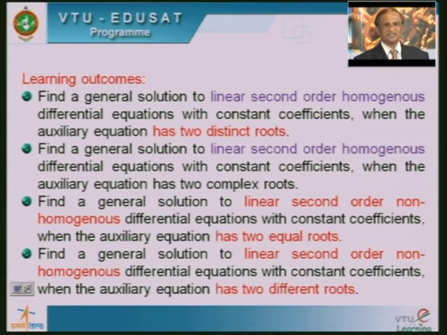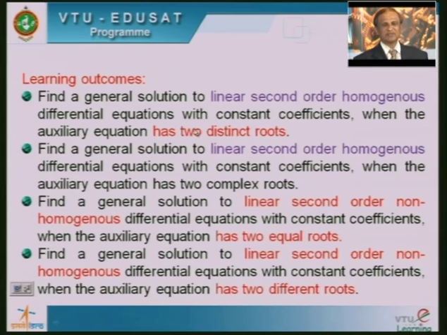So, find the general solution to a linear second order homogeneous differential equation with constant coefficients when the auxiliary equation has two distinct roots. Friends, we know that while calculating the roots from the auxiliary equation, you will get different types of roots.